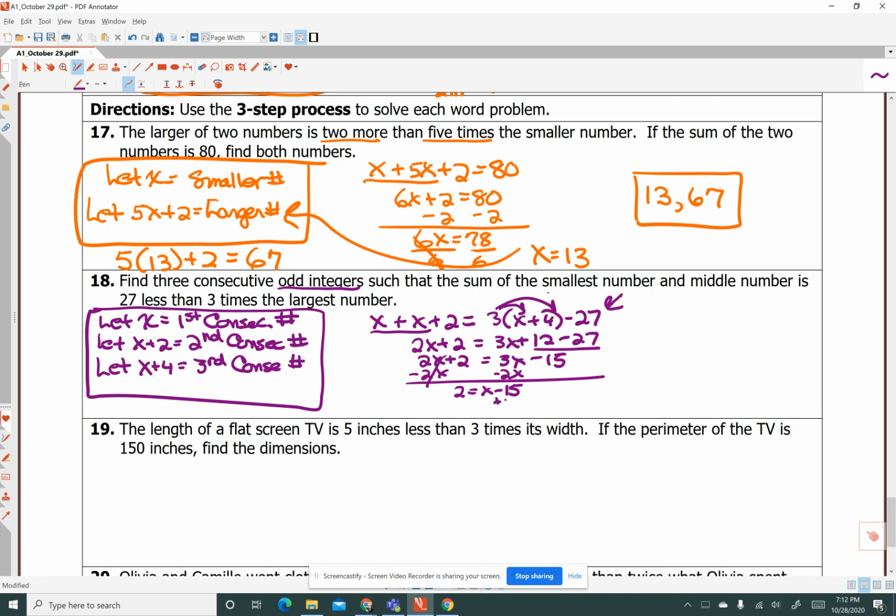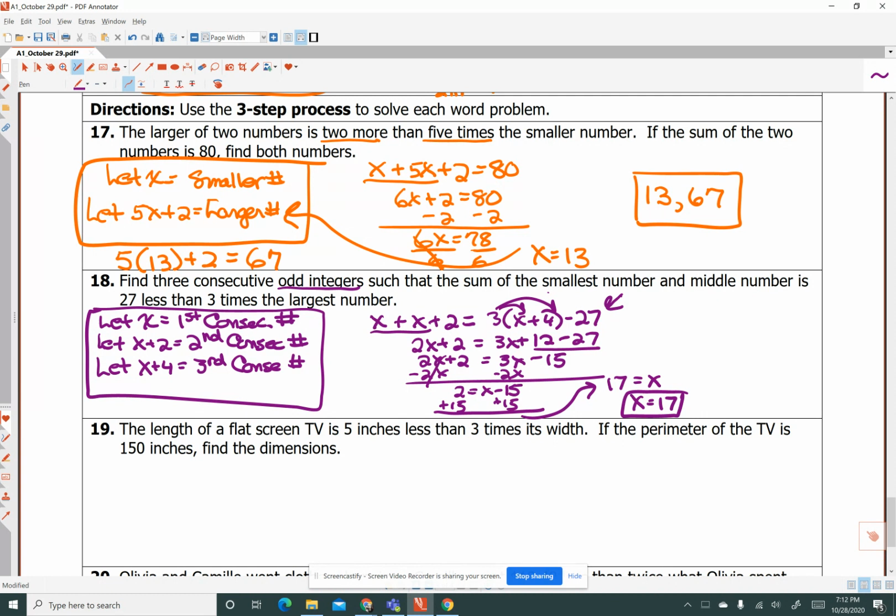Let's add 15 to both sides. So we've got 17 equals x, or x equals 17, which is how I usually like to write it. Now, what does that mean? We need those three numbers.